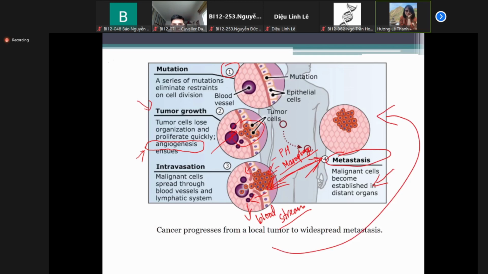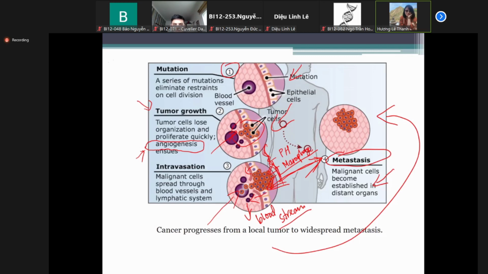So it is very hard for a mutation to progress. If there's a mutation, we will eliminate it. If it becomes a tumor, it's okay, we can treat it, but it is still a benign tumor. And the next one, when they jump into our blood vessels, they have so many structures and obstacles that they need to pass.